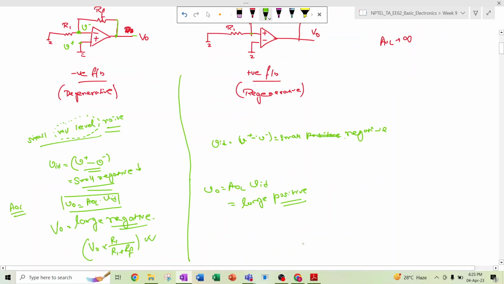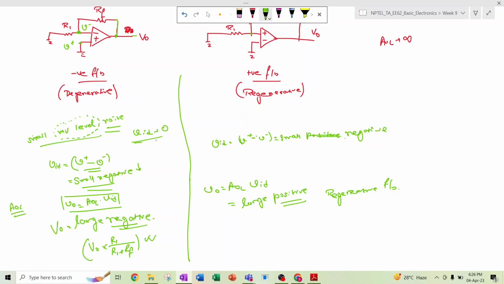This figure illustrates the regenerative feedback, because a fraction of this large positive output is being added to the positive noise. The signals are adding up in phase, so it is regenerative feedback. Due to degenerative action, VID slowly reduces to zero.